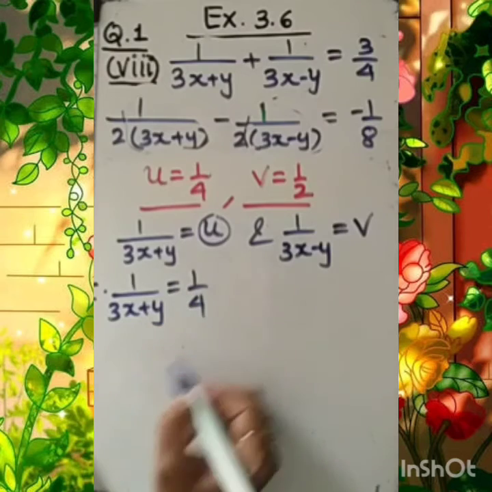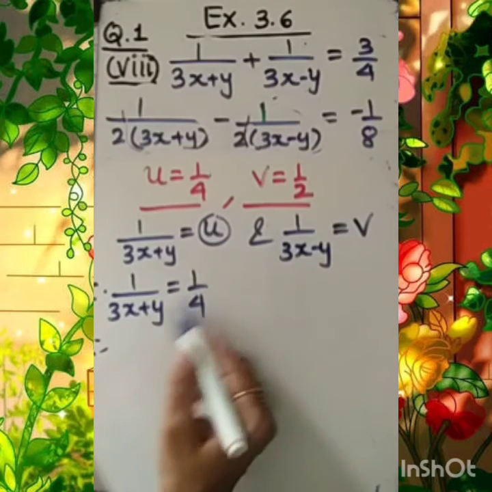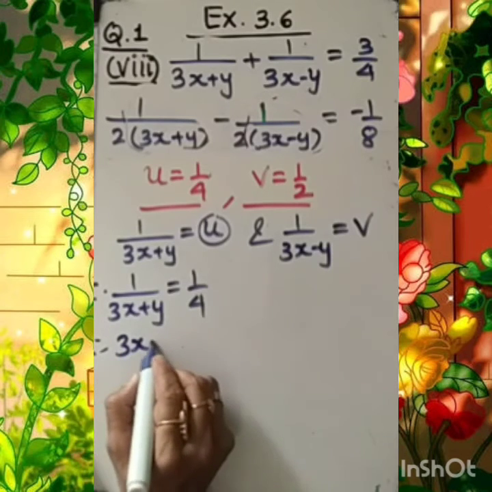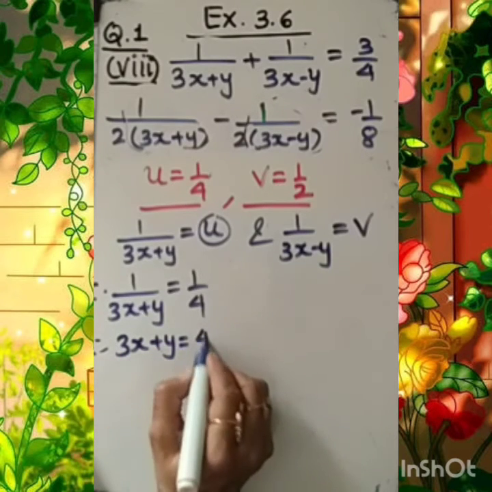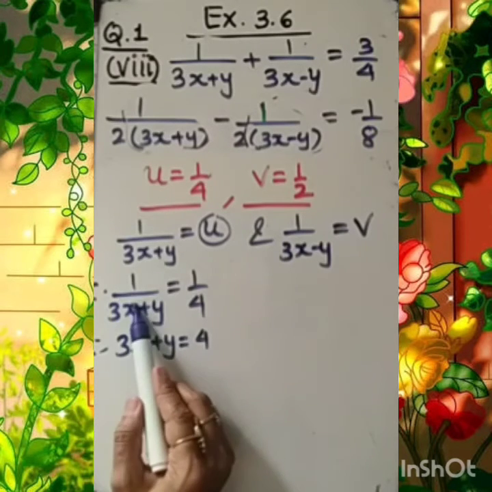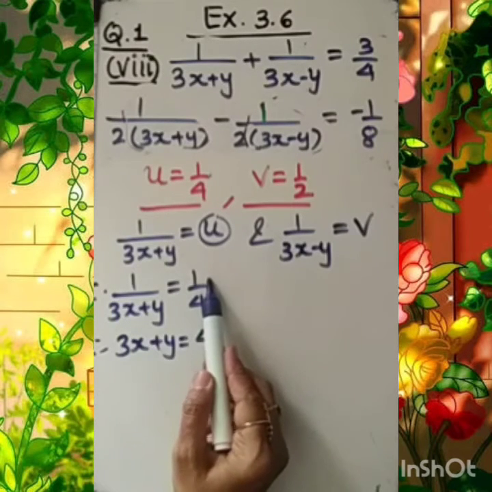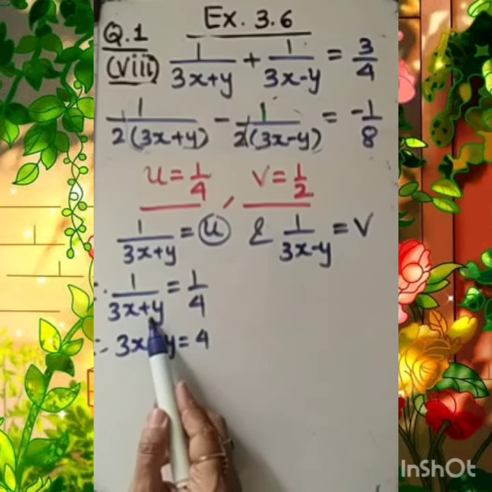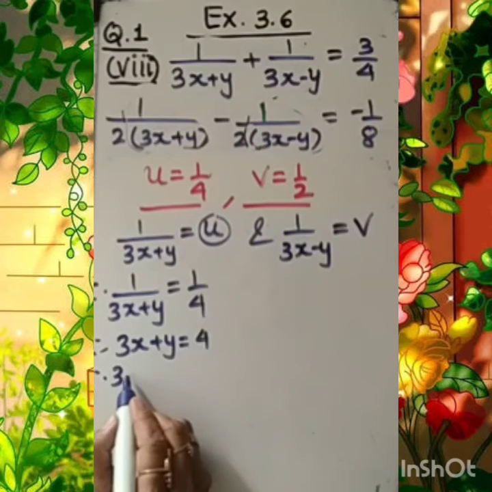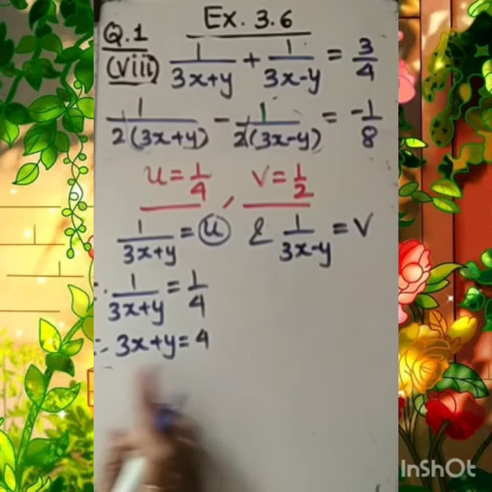Let me write it here. You know cross multiplication. 4 will be here, this will be here. So I can write 3x plus y equal to 4. You must not confuse that; as LHS is equal to RHS, we can write this way also. So we will have here 3x plus y equal to 4.